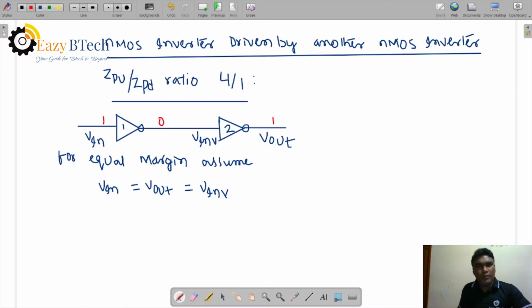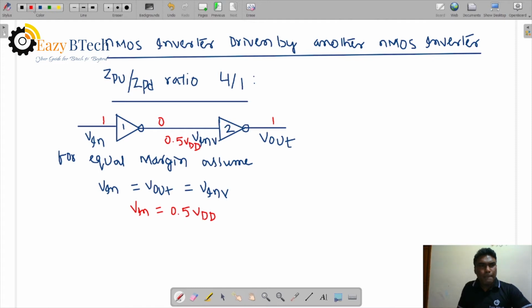But if V in is equal to 0.5 VDD, then we will get equal margins. If the output of this inverter is 0.5 VDD, with VDD equal to 5 volts, up to this 2.5 volts, then the input of this inverter and output are also equal. So both inverters are equal.